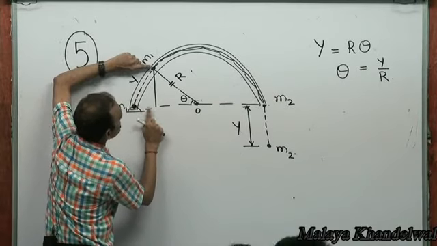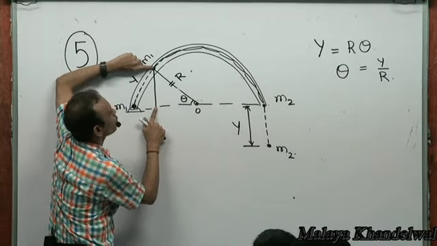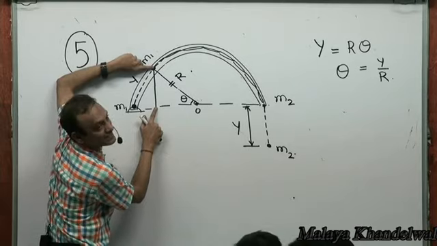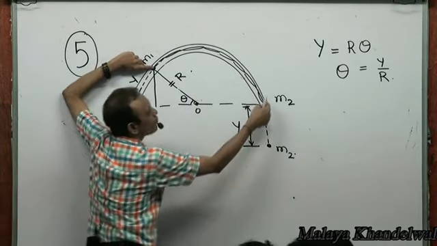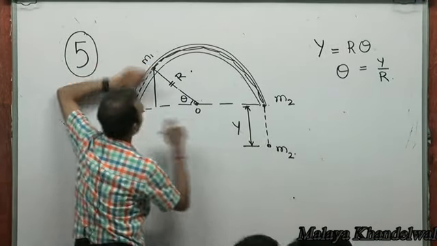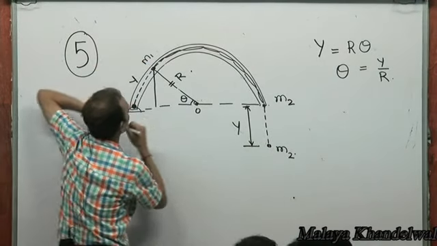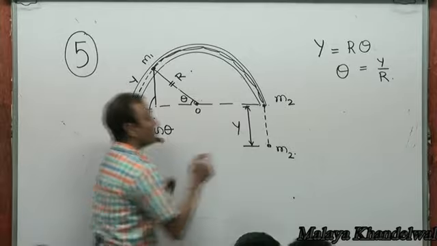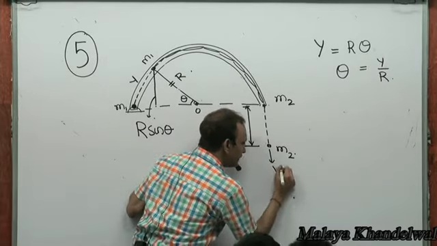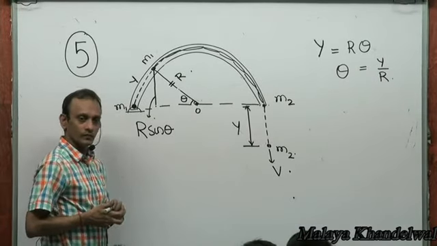Now, this mass m1 would have got raised by an amount r sine theta. This would have gone down by an amount y, right? This length, as you can see, is r sine theta. By this time, m2 would have developed a speed v downwards, right?